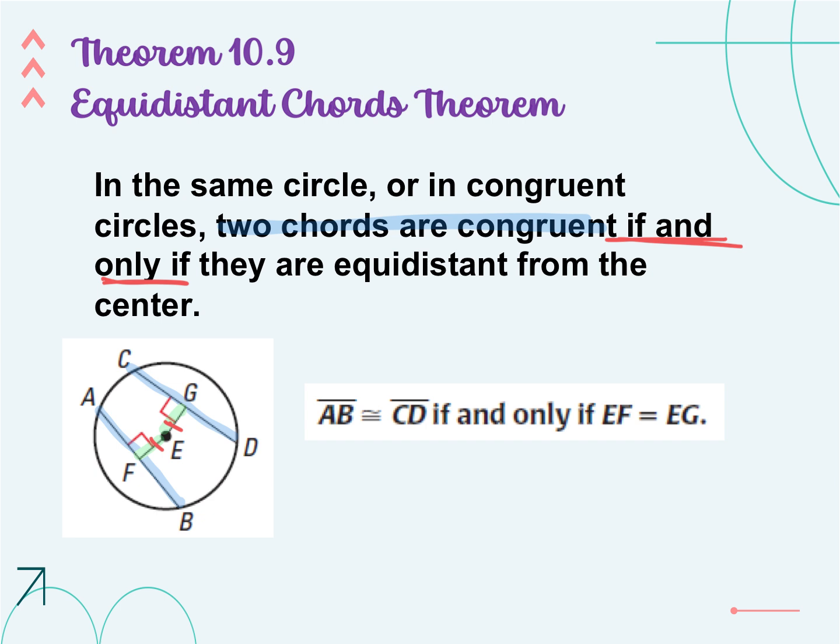Looking at it, it says segment AB and segment CD. Keep in mind these are not arcs, they're segments because they're giving me my lines, not my curves. So they are congruent if and only if EF is equal to EG. And there's my perpendicular lines, so they're bisecting them.